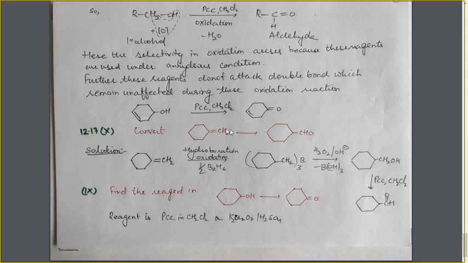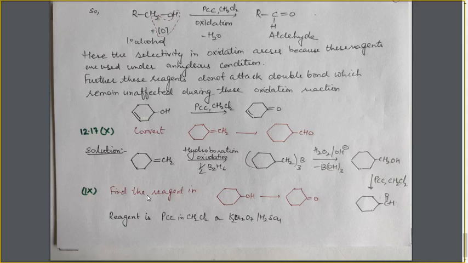So during this conversion, we used hydroboration oxidation from the previous chapter, the method of hydration of alkene in which the addition of water takes place against Markovnikov's rule. The hydrogen atom goes to that carbon atom which already has fewer hydrogens.